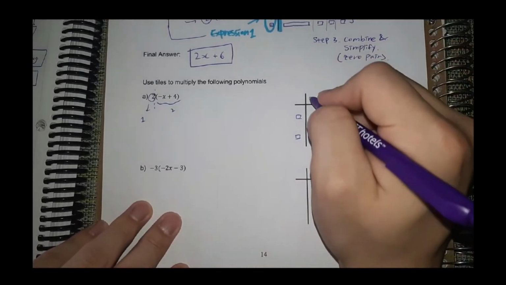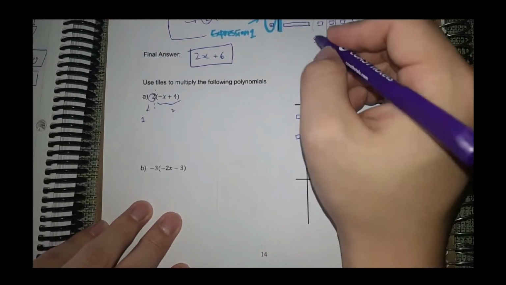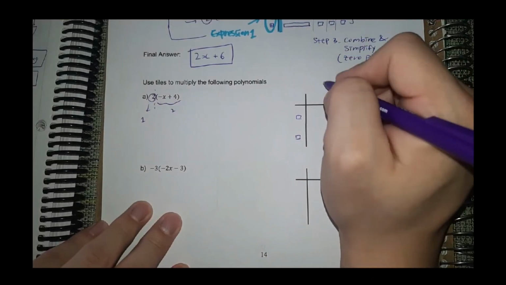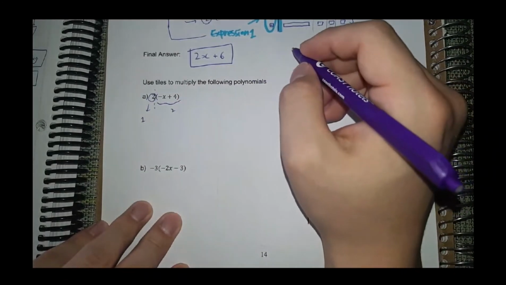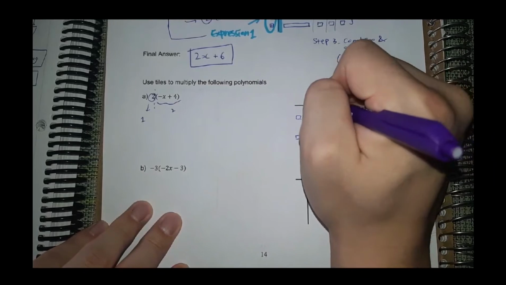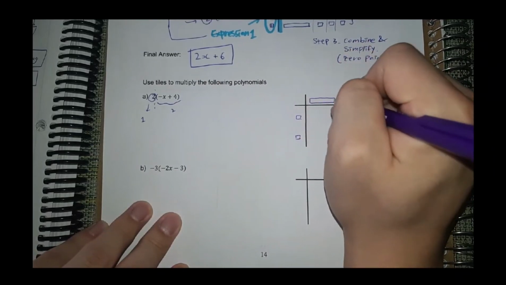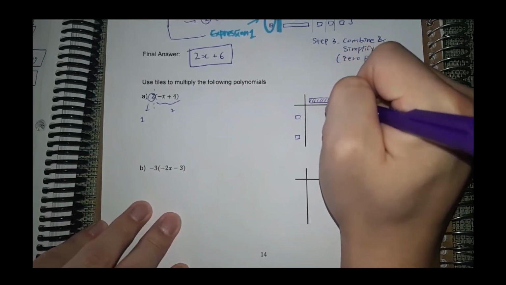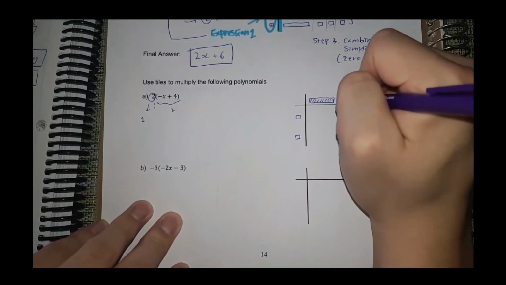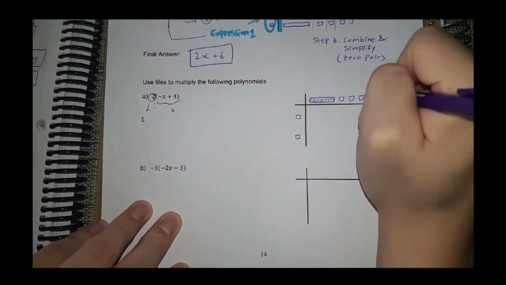When it comes to the horizontal one, I want you to put negative x, which is a strip. However, you may notice that I'm filling that strip. And positive 4, empty, empty, empty, empty 1, just like that.